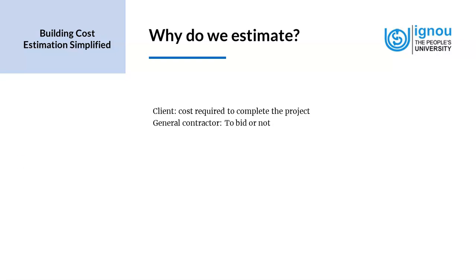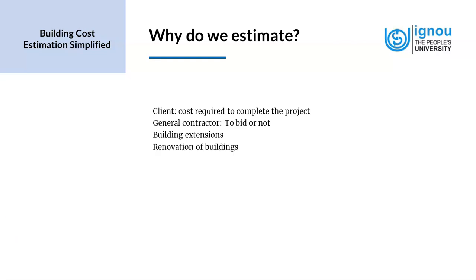Now, for the general contractor, the reason for estimation would be whether to bid or not to bid. We would like estimates before doing any building extensions. Maybe another new wing is to be added to a building project. And before we embark on this, we would like to know what the estimate of such a project would be.